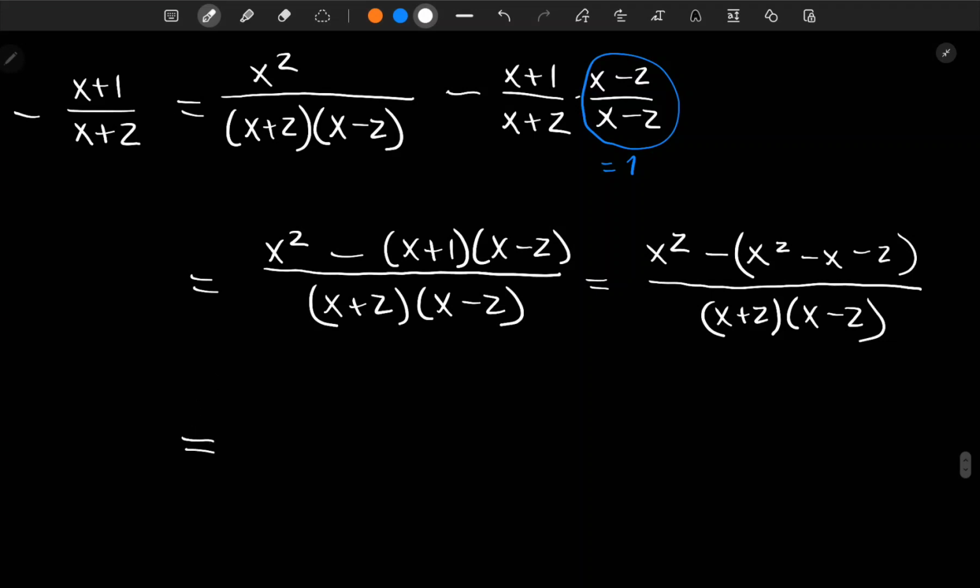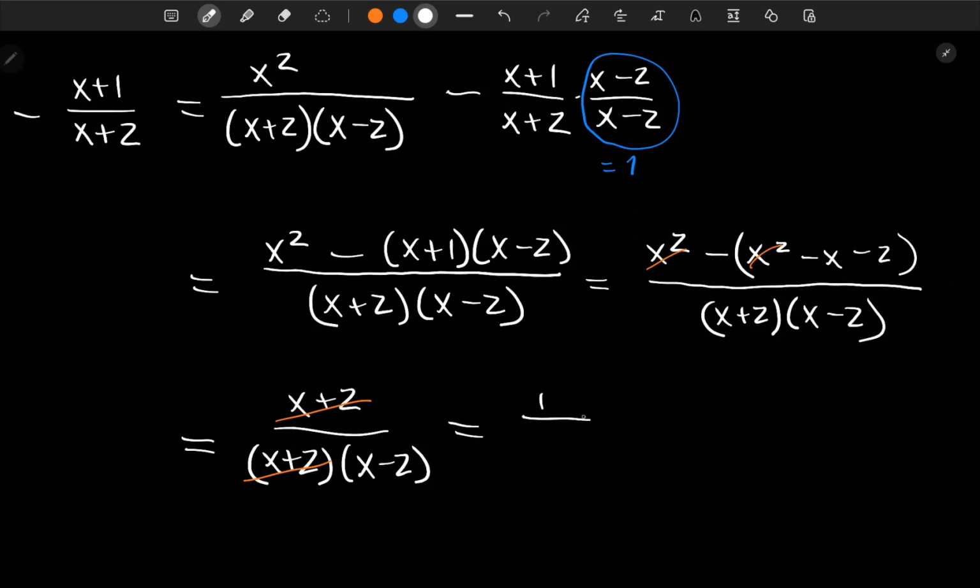Then we can cancel the x squared, and these two minuses go away because of the minus out here. So this becomes x plus 2 over x plus 2 times x minus 2. The x plus 2 on top cancels with the x plus 2 in the denominator. And finally, this becomes 1 over x minus 2.